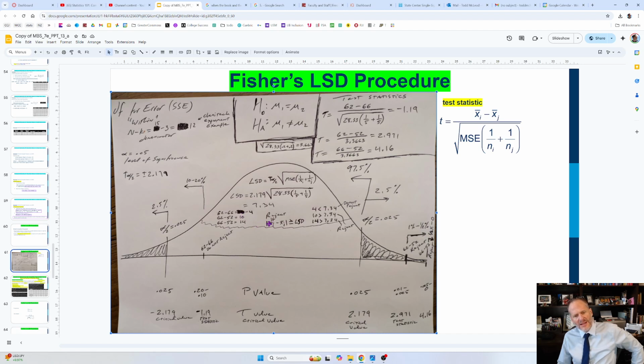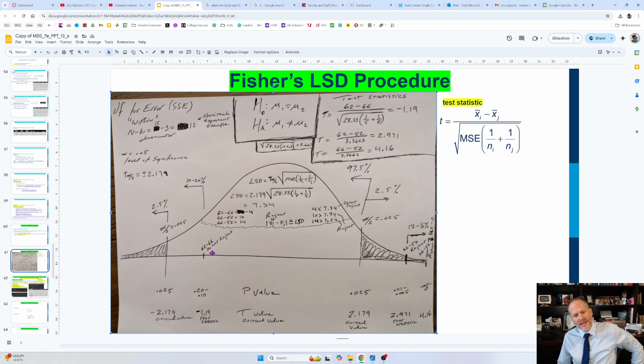And then we reject if the absolute value of the difference between two means for each of the treatments is greater than or equal to our LSD critical value, which is 7.34. The absolute values of -4, 10, and 14 are 4, 10, and 14. 4 is less than 7.34, do not reject.